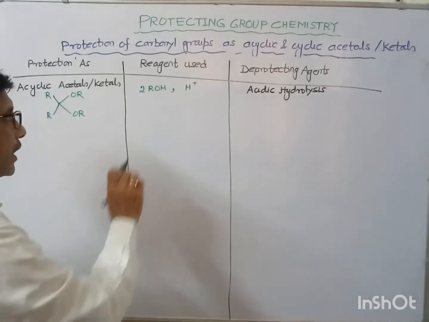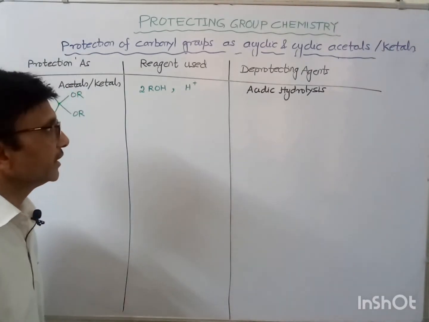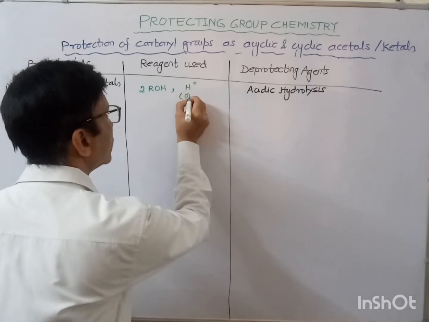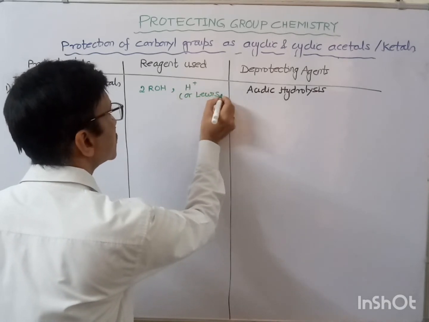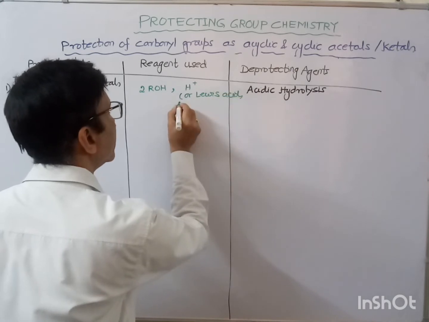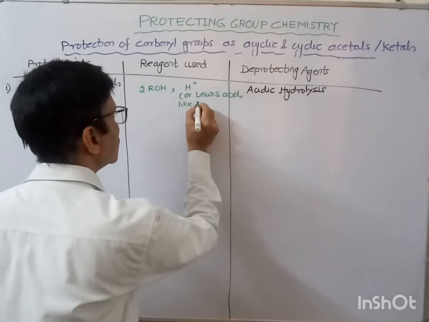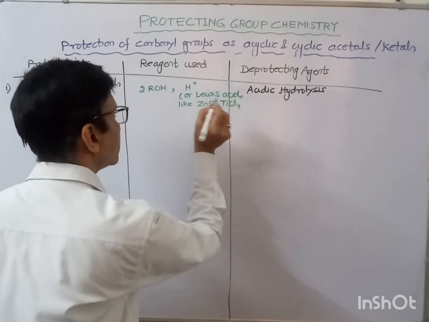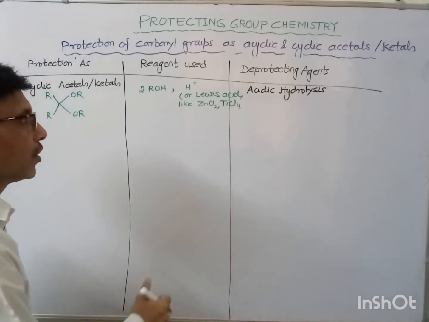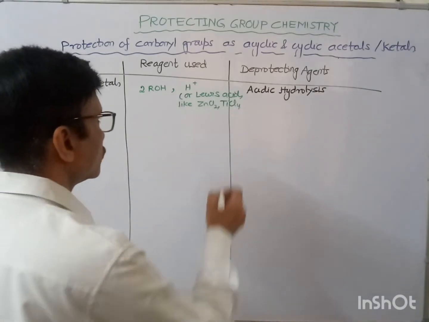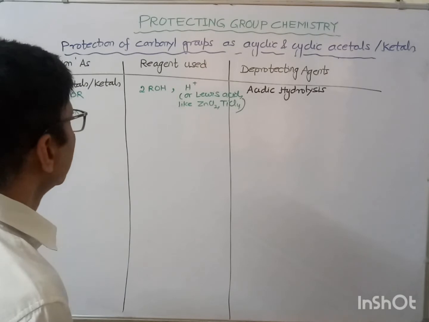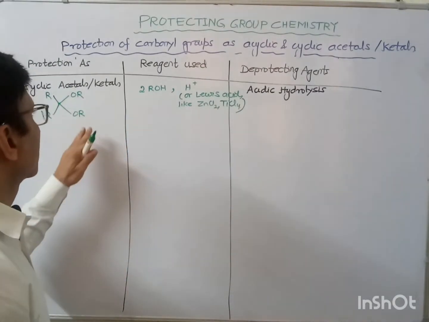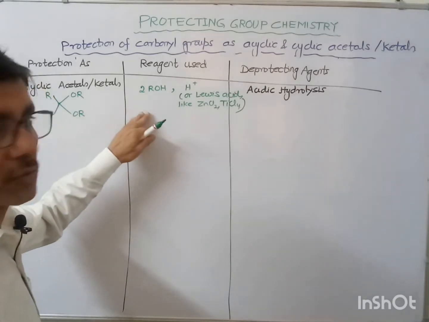Either we can use any acid as a catalyst, or Lewis acids can also be used, like ZnCl2 zinc chloride, titanium tetrachloride, or boron trifluoride can also be used as the catalyst.